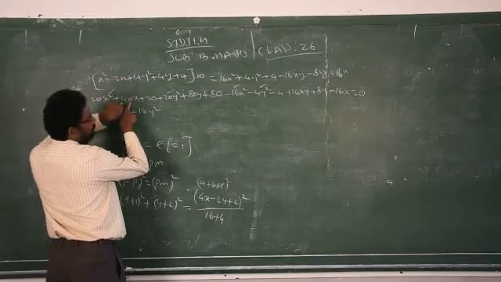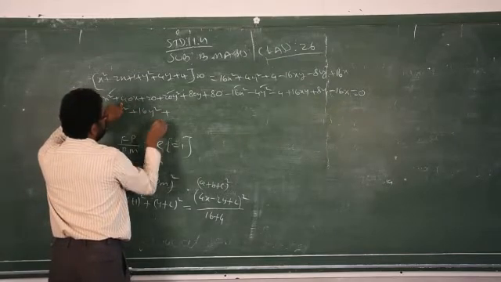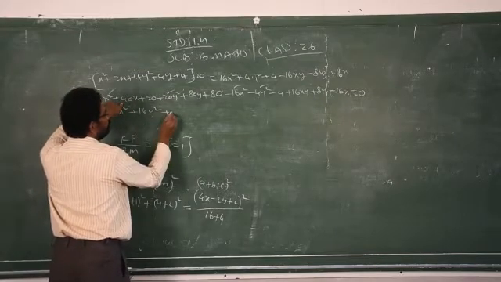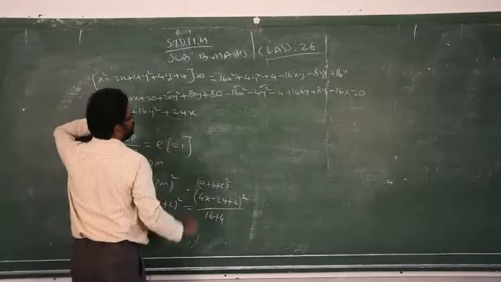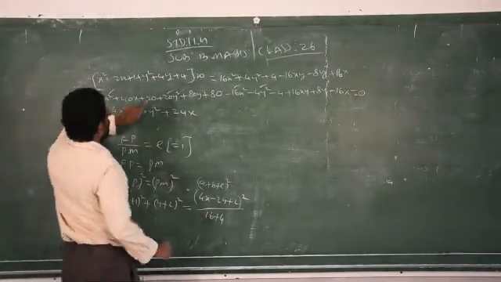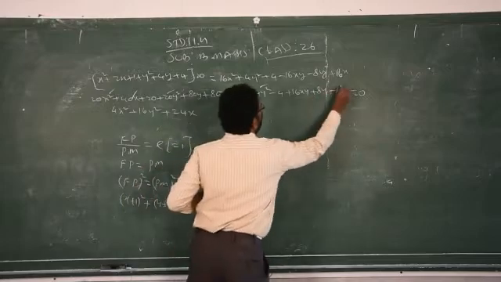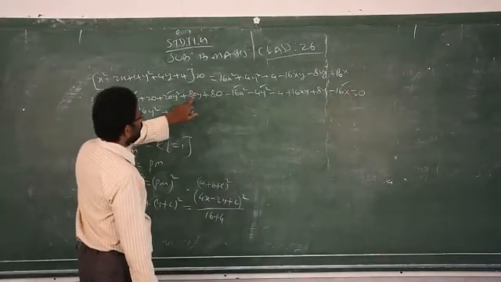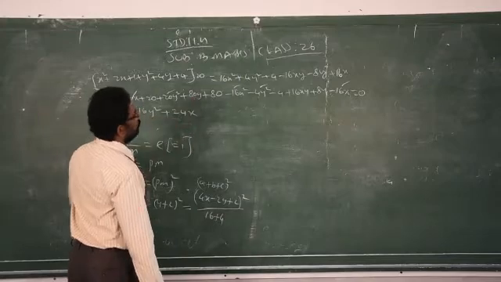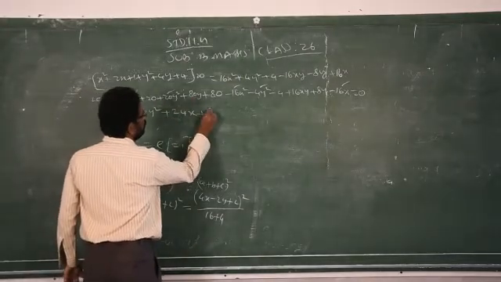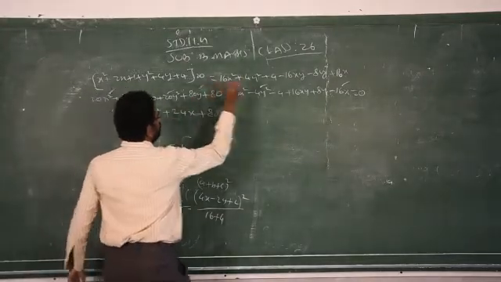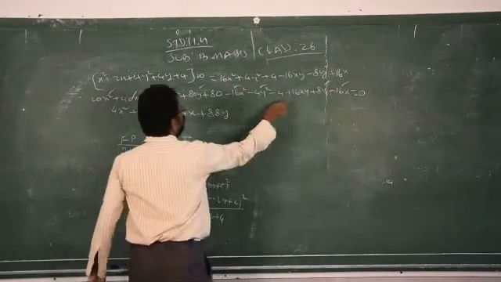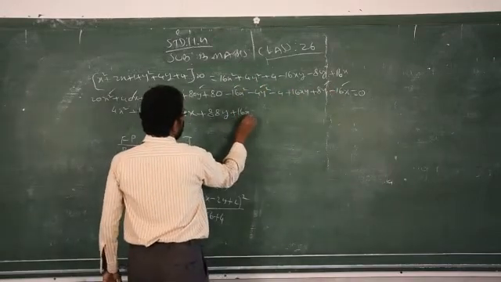So subtract, what will be the answer? Plus 24x. This is over. Next you have to see the y. 80y plus 8y, that is 88y, over. Then we have only 16xy.